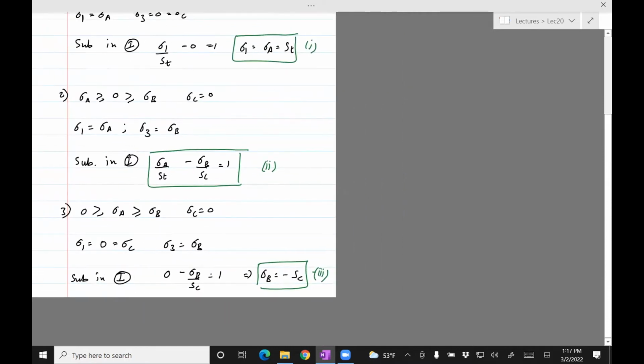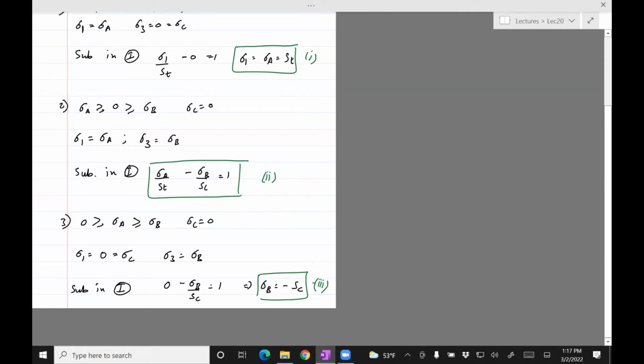So those are my 3 equations, which I can now plot on the sigma A, sigma B plane to get that region which I got for DSS and MSS.